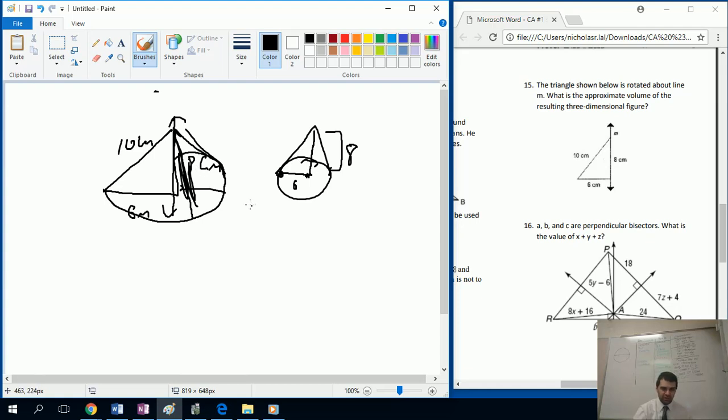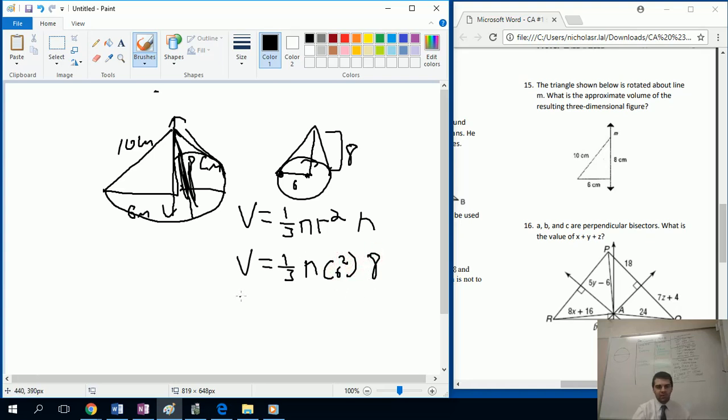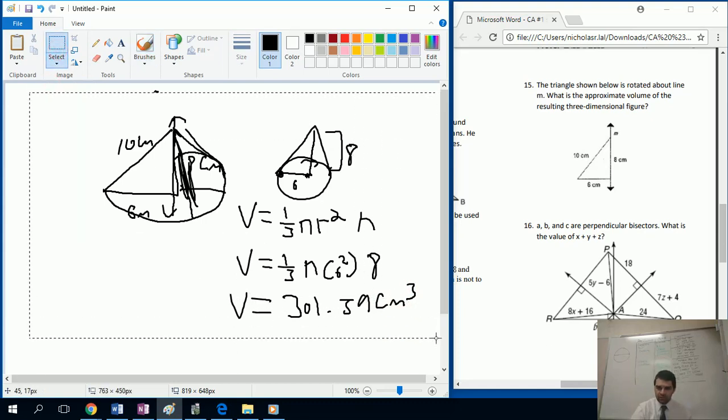I visualized a cone. This is a cone. The volume of a cone is going to be 1/3 pi r squared times height. So at this point, you just plug it into your calculator. Volume is going to be equal to 1/3 pi times 6 squared times 8. You put that in your calculator, the volume is going to be equal to 301.59 cubic centimeters. All right, moving on.